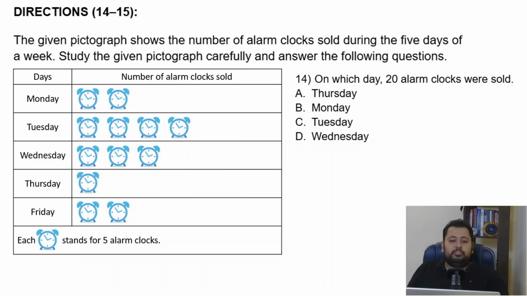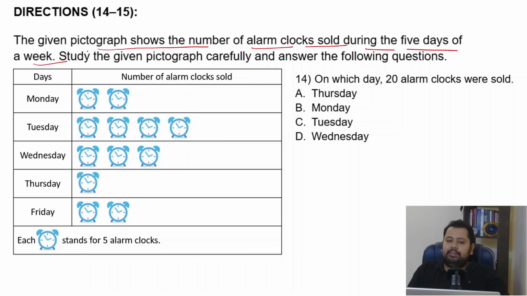The given pictograph shows the number of alarm clocks sold during the 5 days of a week.